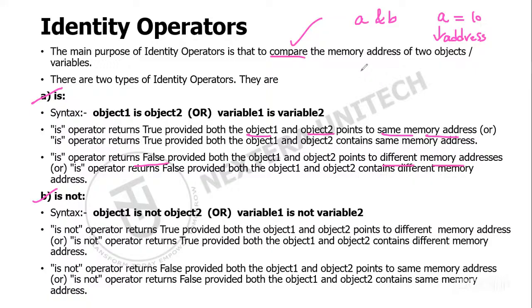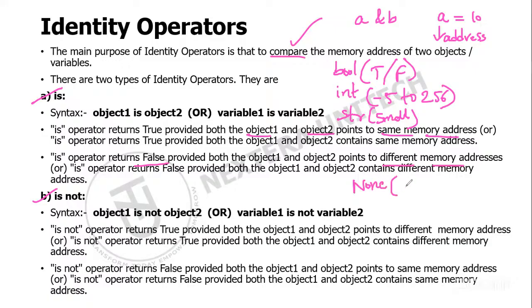And the important points you have to memorize are, especially in the case of bool values, that means True, False, or int values, integers between the range of -5 to 256, then str objects, if they are small, and None, which is a singleton object. Only in these cases will the address be the same.